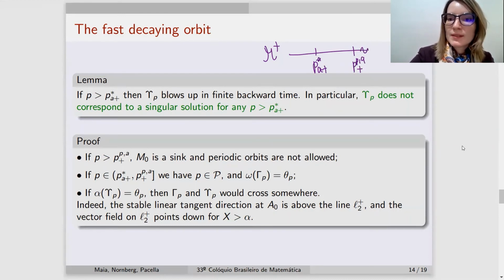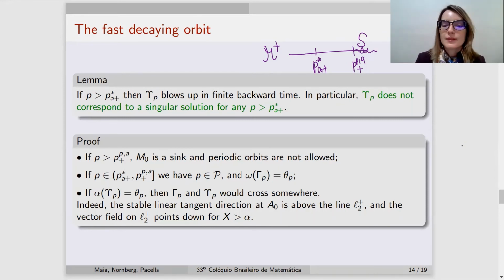Recall that when p is larger than this p_P, we are in the range of slow decaying solutions. So M0 is a sink, periodic orbits are not allowed, A0 is a source, so we don't have any other non-trivial singular solution. What happens when we are in this range here of pseudo-slow decaying?